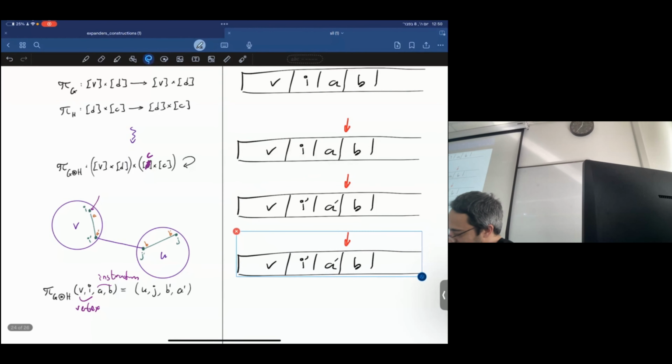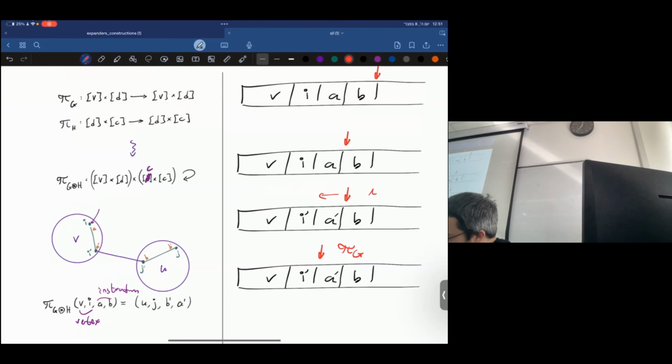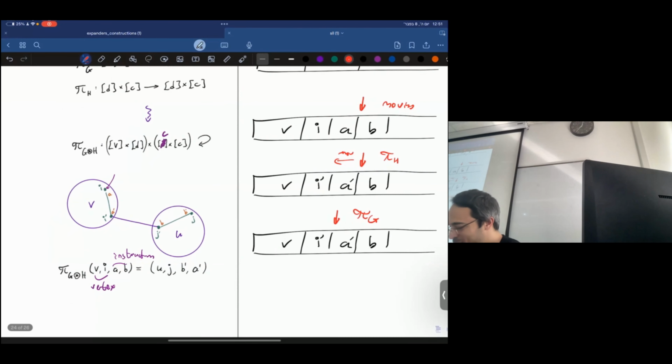Exactly. So let me do that. You move the head here, because it will take too much time to do. Now it's here, that's constant. And then I call pi G here. So this is pi G, this is pi H. This is moving, this is also moving. And when you do pi G, V becomes U and I prime becomes J prime.